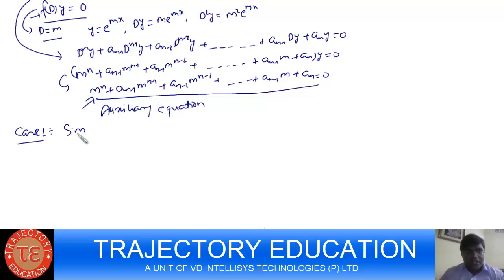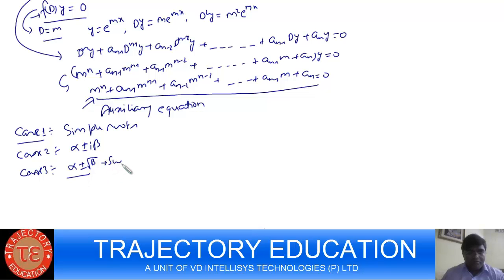One, the auxiliary equation where I give you simple roots. In the second case, it can be roots of the form alpha plus minus i beta, or it can be a root of the form alpha plus minus root beta.